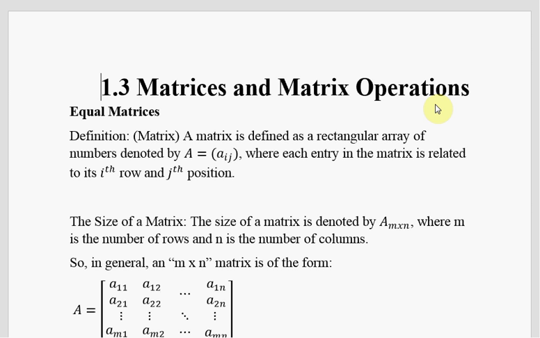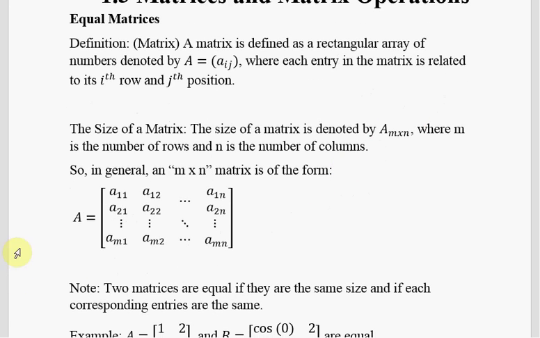We read this not as m times n, but as m by n. And so the standard form for a matrix is this coefficient matrix. Notice that you have indeed m rows and then across n columns.